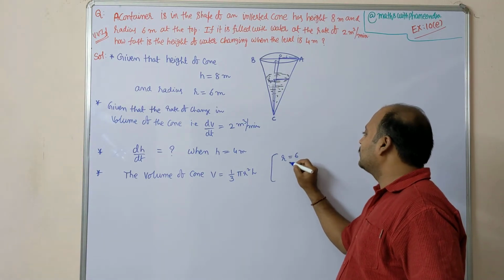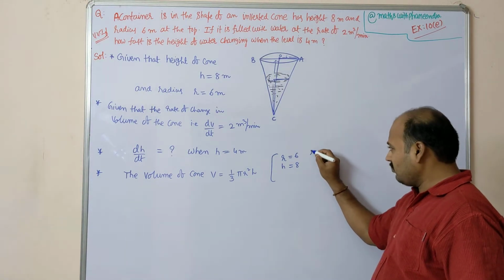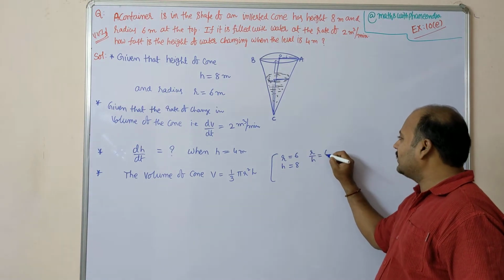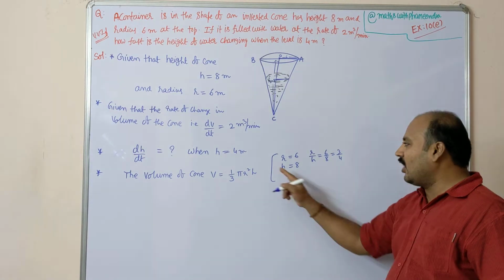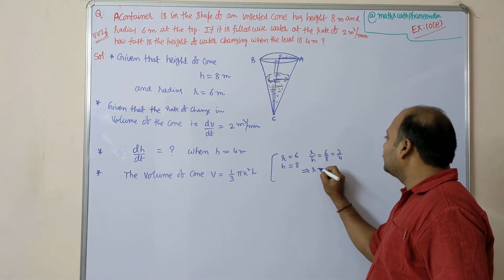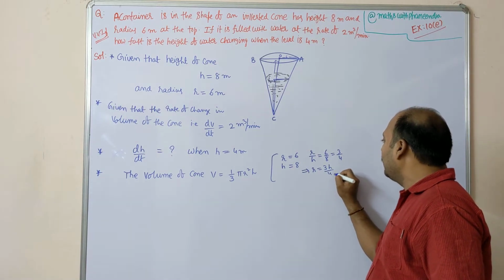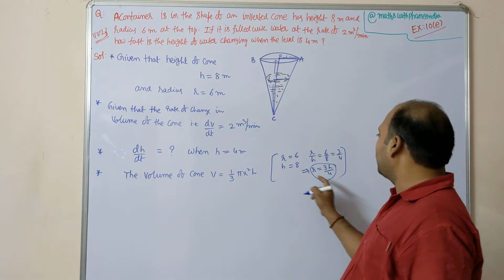Observe, r is equal to 6, h is equal to 8. r by h is 6 by 8, that is equal to 3 by 4. I want r in terms of h, so making r the subject, r is equal to 3h by 4. In place of r, substitute this.